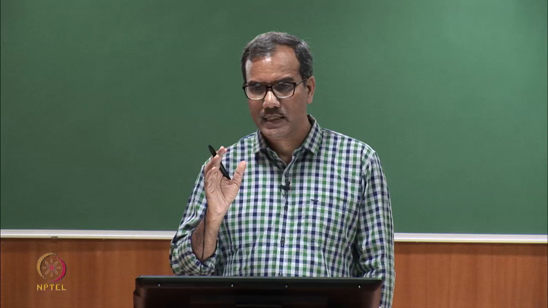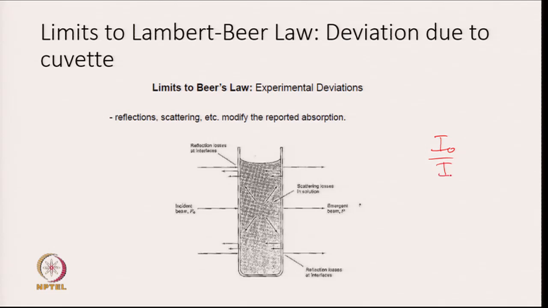We are measuring the intensity of the light when it passes through the sample, and we are looking at the ratio between I naught and I. And we are assuming that the decrease in I is only due to absorbance of light by the sample, but the intensity may also decrease due to reflection losses at the interface. If the material of the cuvette reflects the light, then your light is not passing through the sample.